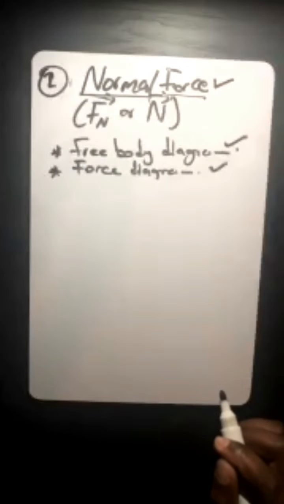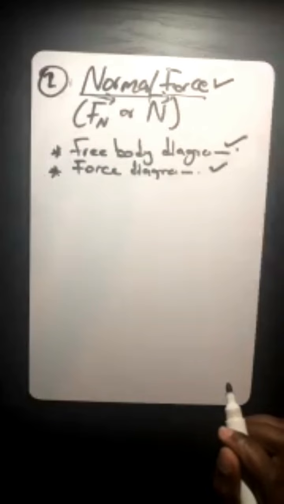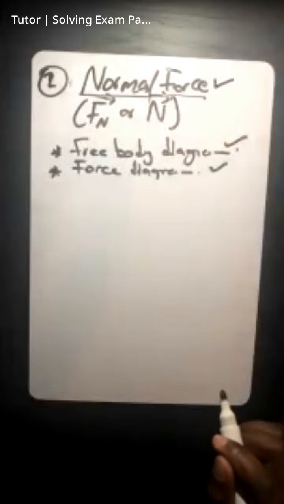So, guys, when an object is resting or moving on an inclined plane or surface, the normal force will have the same magnitude but an opposite direction to the perpendicular component of the weight of the object or gravitational force.